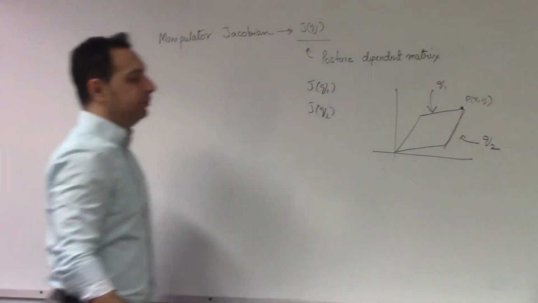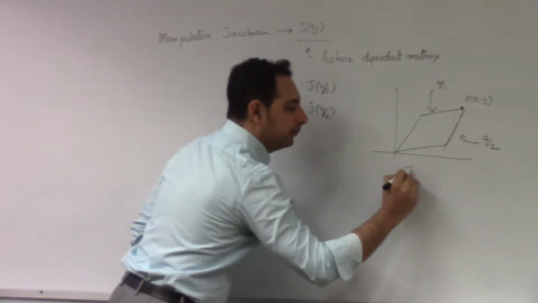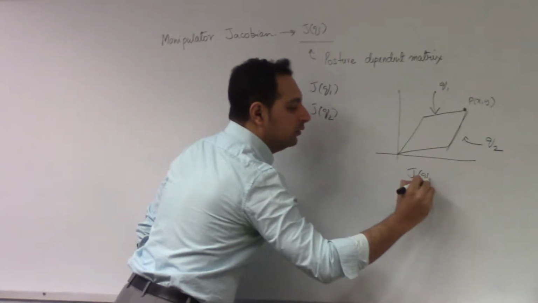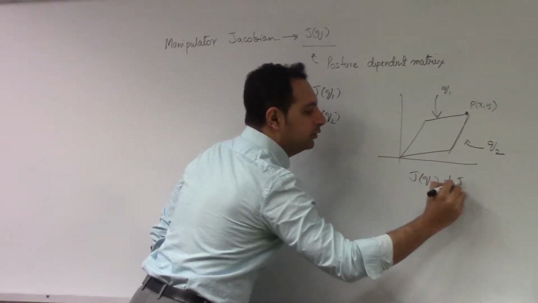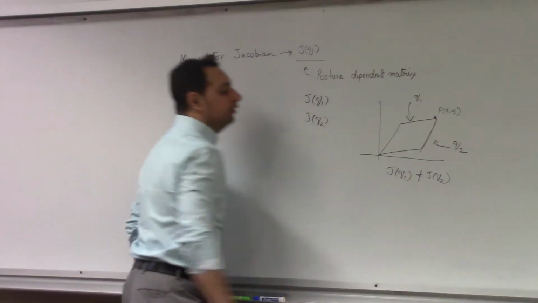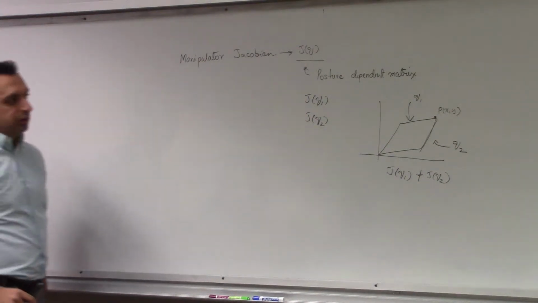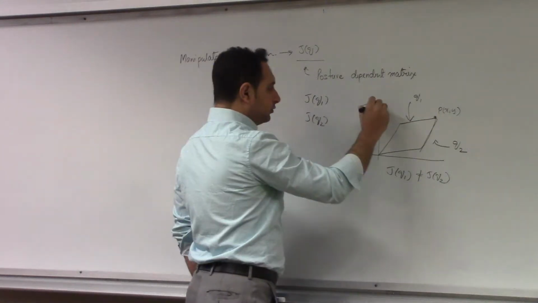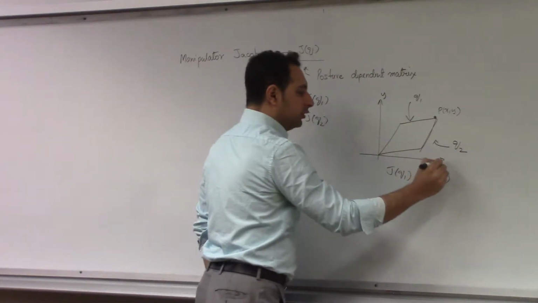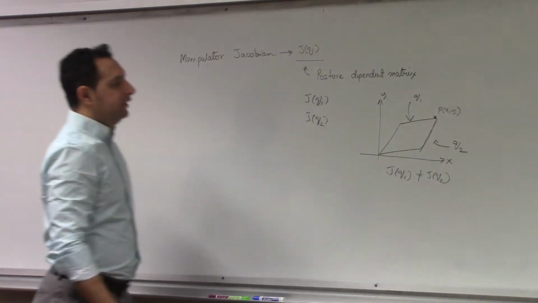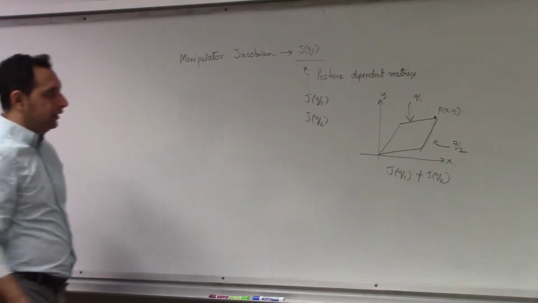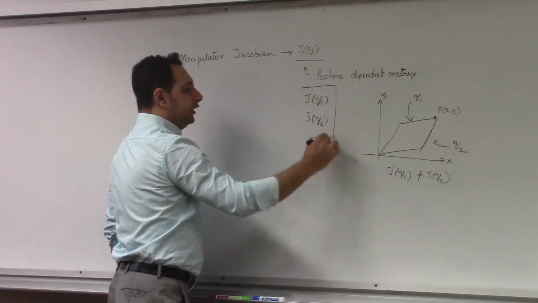Even though they reach the same point, the Jacobian is not the same. So J of Q1 will not be equal to J of Q2. Even though they are reaching the same point, the solutions are different, the postures are different. So in this case, you will not have the same Jacobian.